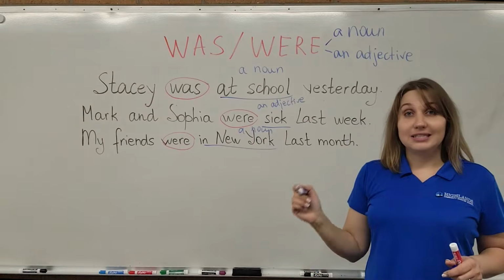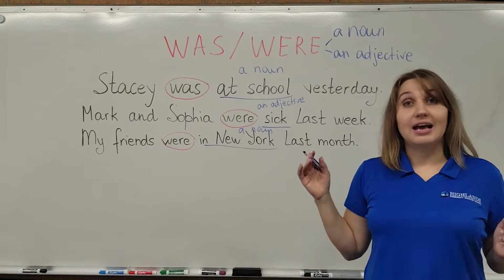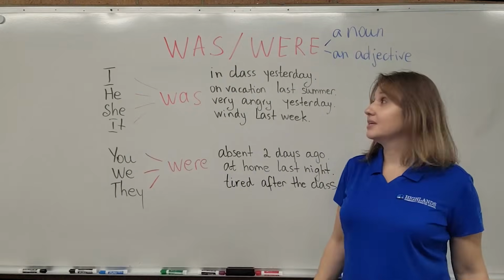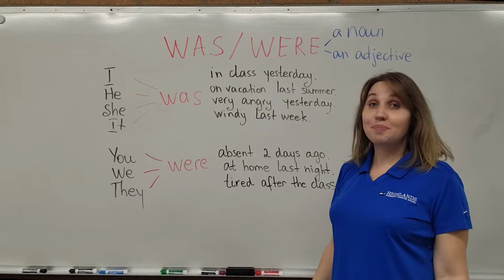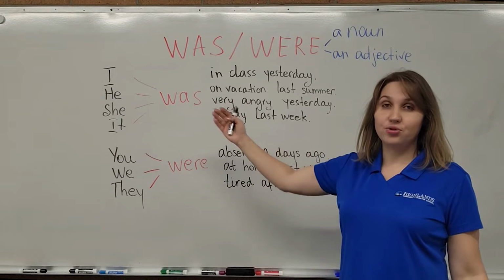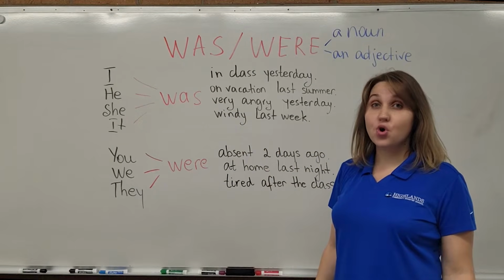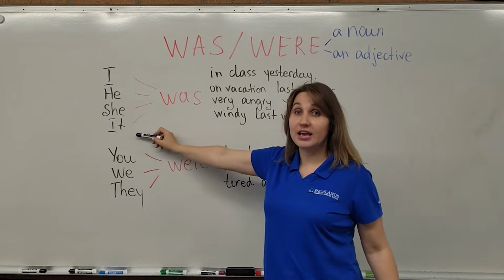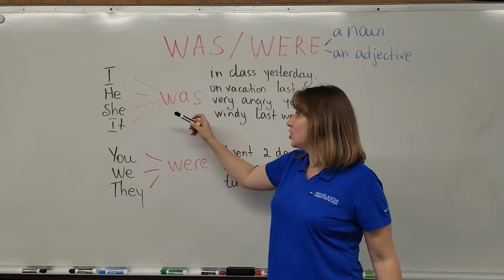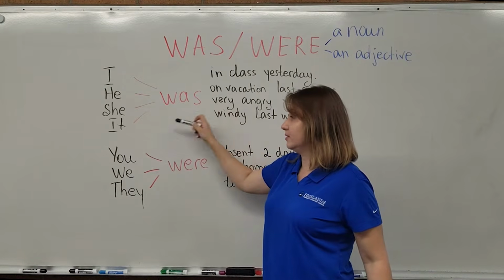And right now we will discuss the formation of the statements. So let's check how we form our statements. It all depends on what kind of pronoun you are using. If you are using I, he, she, or it, we will use the form was.